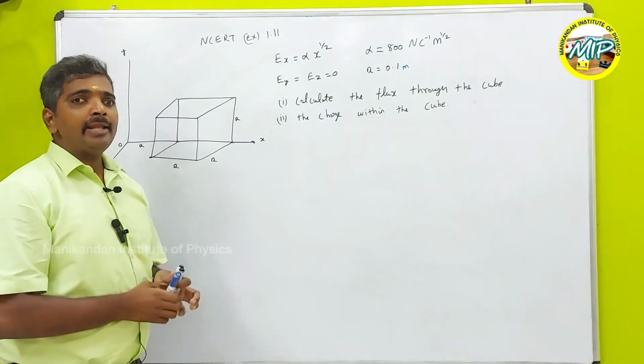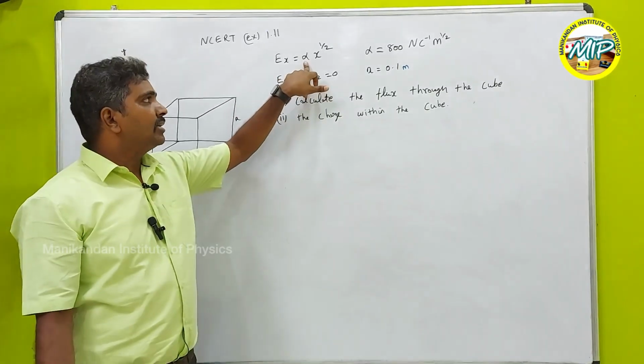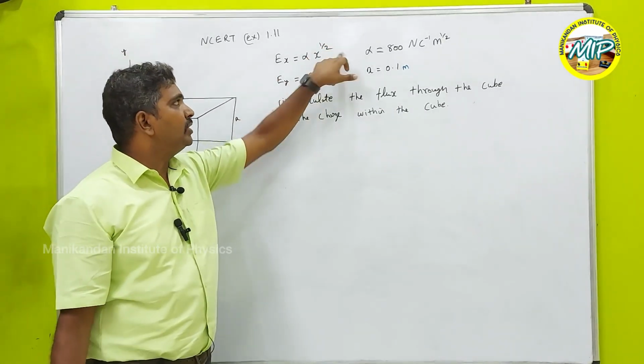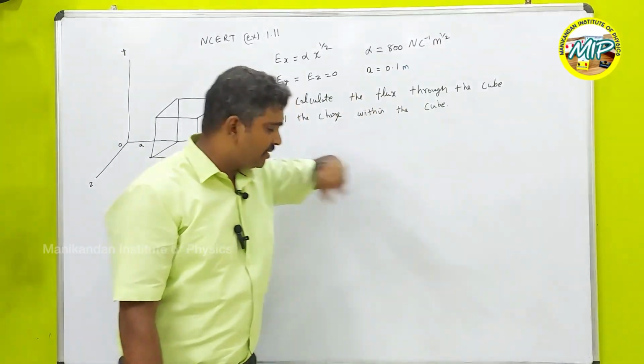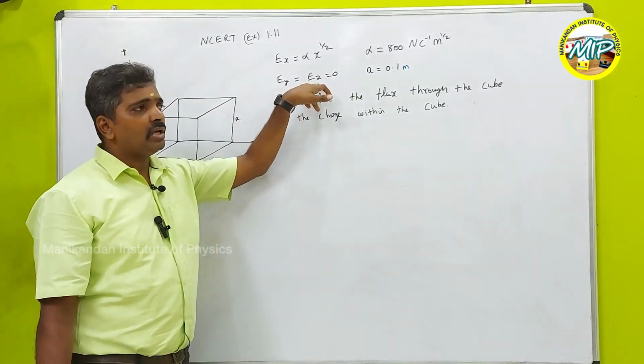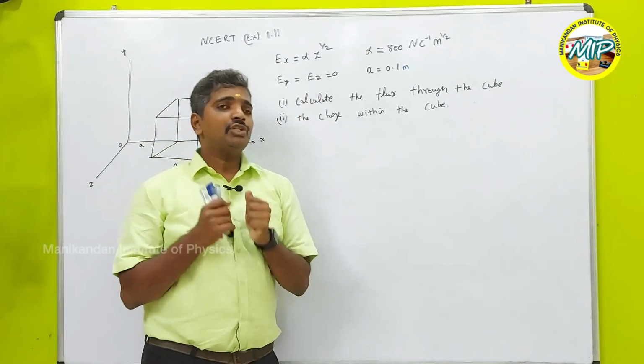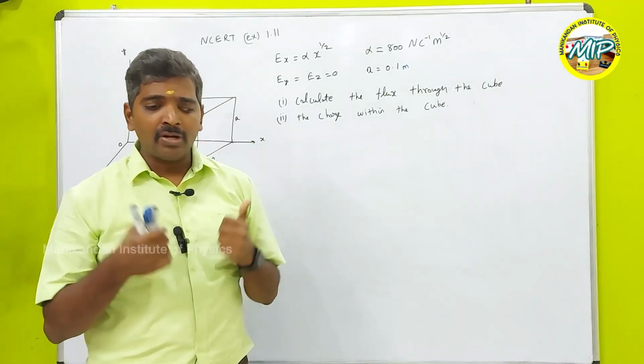Now they are applying the electric field along the x-axis. This is some constant, alpha, times x to the power 1 by 2. Alpha value is given as 800, and the electric field along the y-axis and the z-axis is going to be 0. So there is no electric field along the y and z axes.